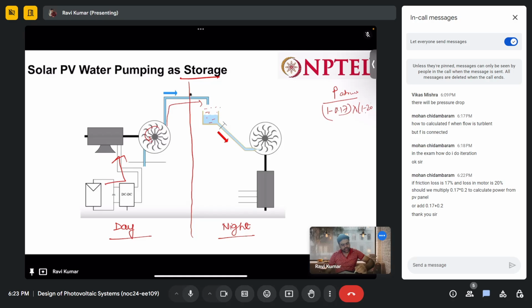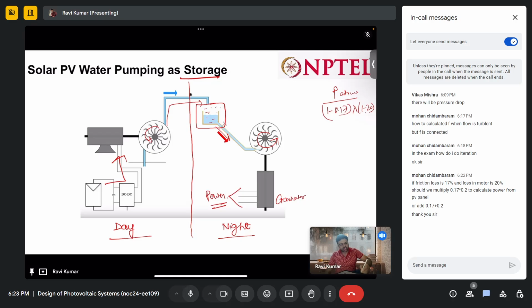So in the night time, what will happen? Our storage is full, and then we can take water from here. By taking this water, or from the pressure of this water, this turbine will rotate, and this rotating turbine will be connected to a generator, and there will be some power.